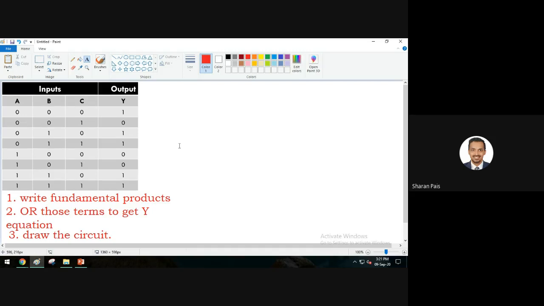Did you identify the fundamental product terms? Satvik Shetty, can you answer?